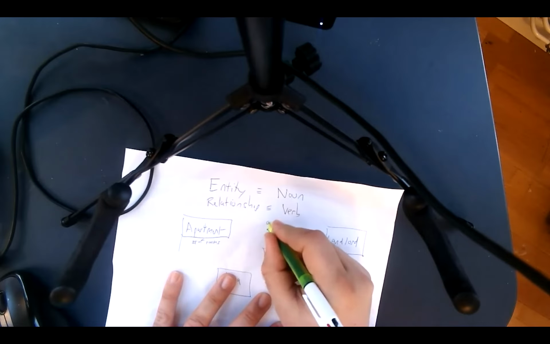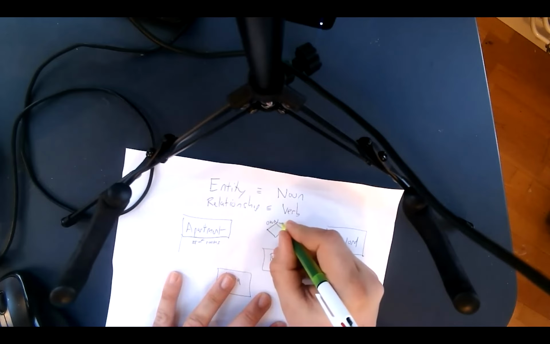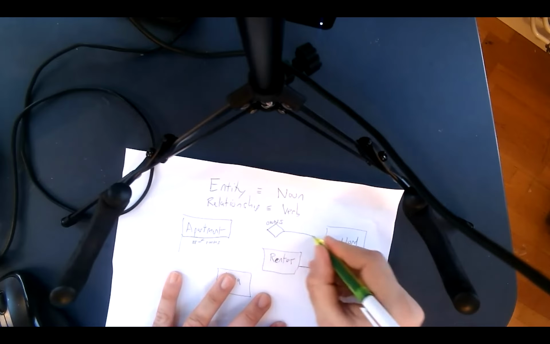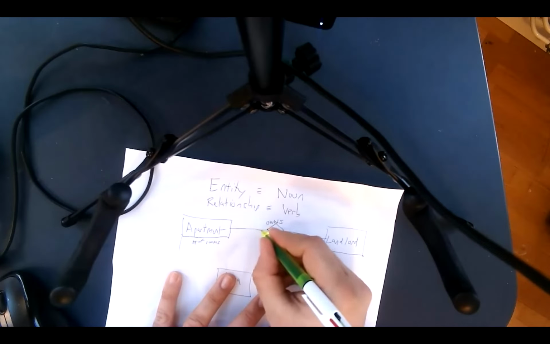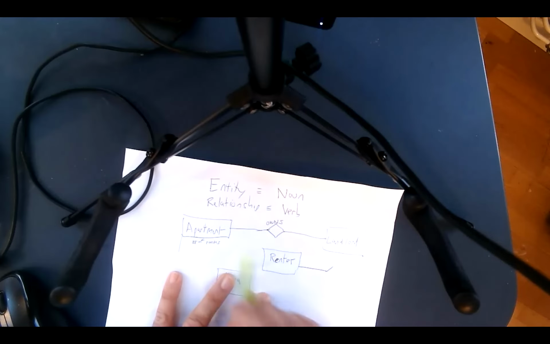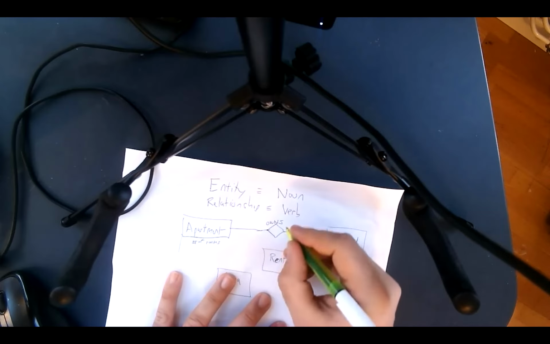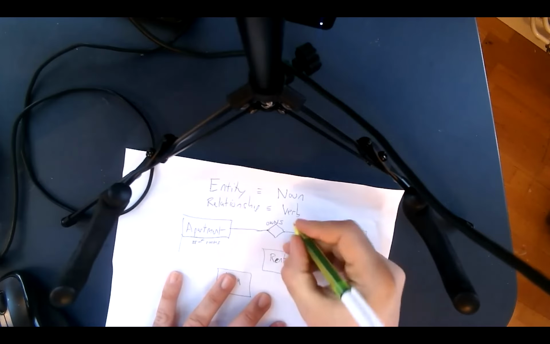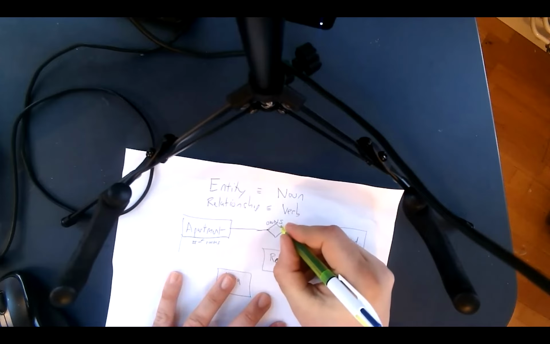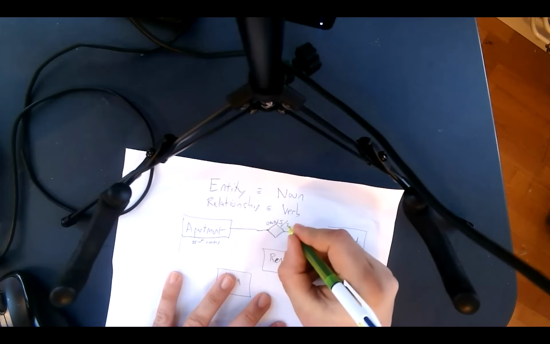So I'll say owns, and then we'll connect this to landlord. So this is an entity relationship. A landlord owns an apartment, and it's kind of good practice, but you can also put the inverse direction, is owned by.